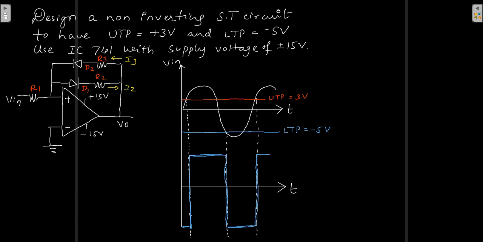Definitely you would be able to see the change in the pulse widths. You have to write what exactly is plus V0 sat and minus V0 sat. Since the supply is 15, this will be plus 14 volts. This will be minus 14 volts. This becomes your input-output waveform. Please see the difference in the values of UTP and LTP.